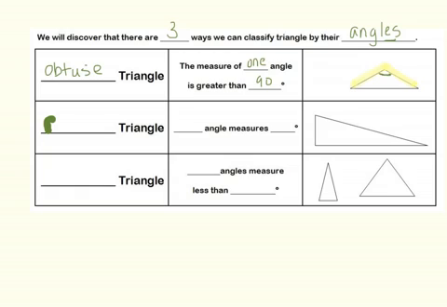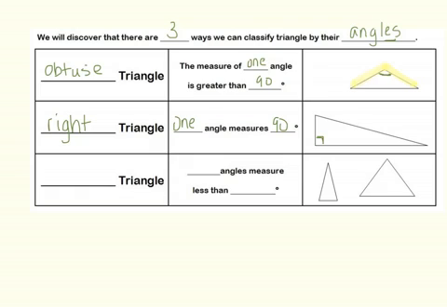So our next one is the right triangle. Let me fix that. Okay, right triangle. And it has one angle that measures exactly 90 degrees. And so we would see that angle here.